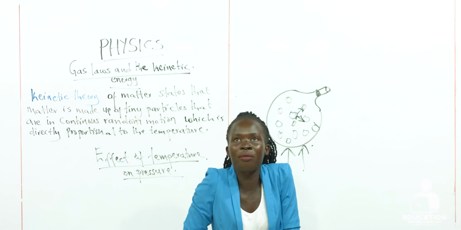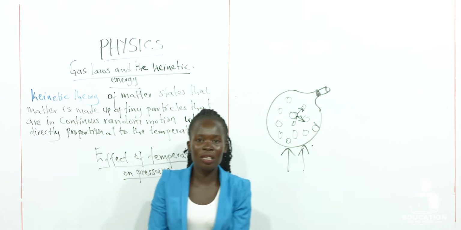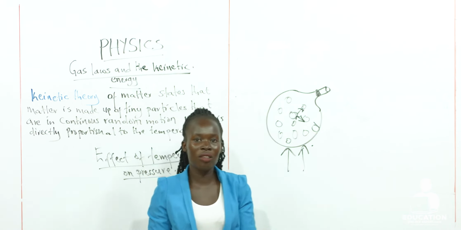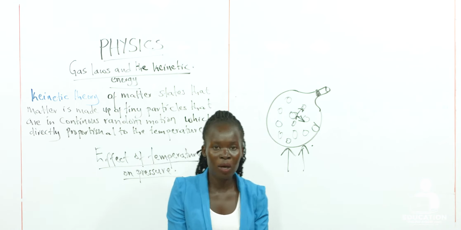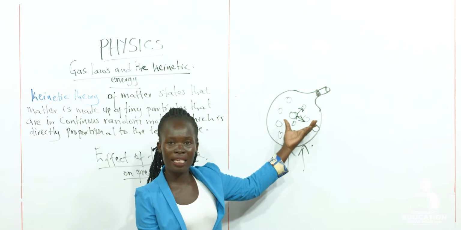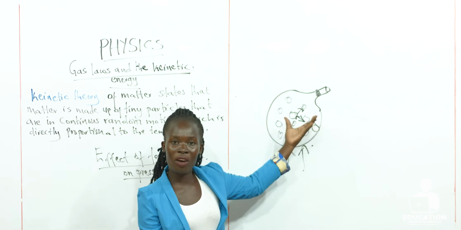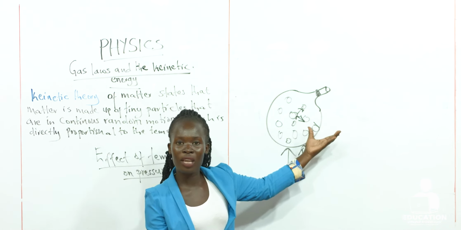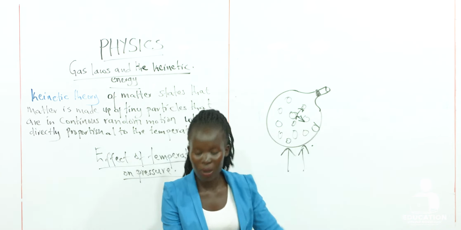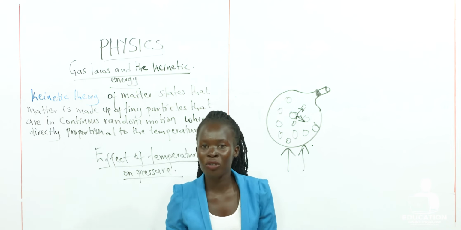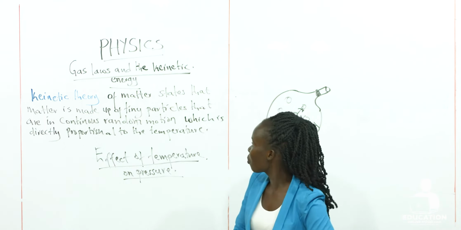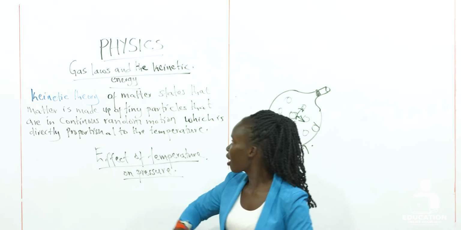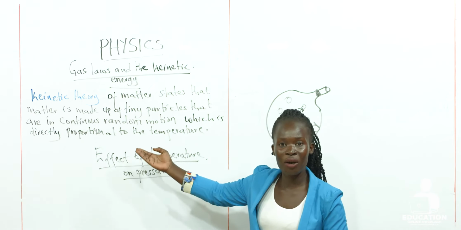That's why you find sometimes when kids are playing, others will be saying, don't take my balloon under the sun, because of this theory behind it. When you increase the temperature, you increase the pressure inside the balloon, and the balloon will easily burst. So for today, this is what we are to know about the kinetic theory of matter.